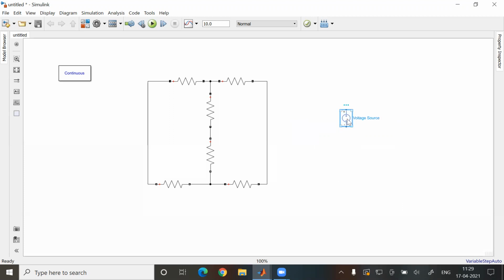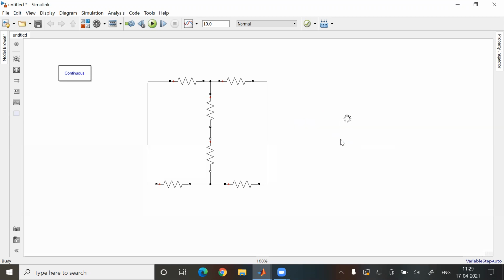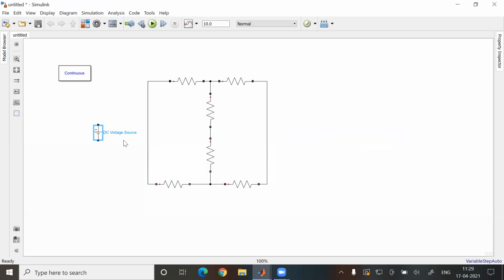Not this one. Okay, this is your voltage source. Let's give this amplitude, let it be 100 only.